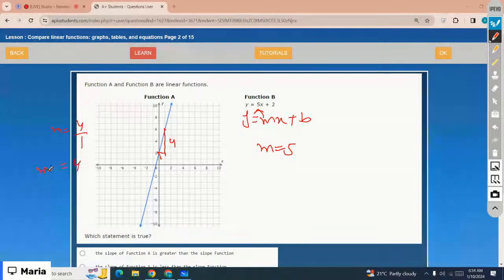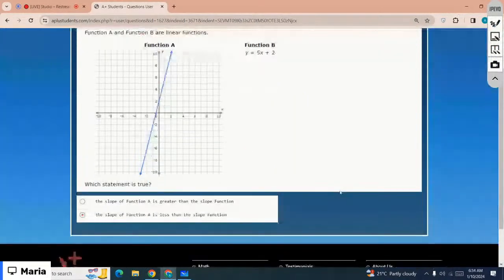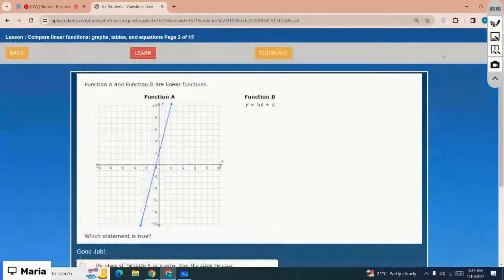So the slope of function A is 4, right? So here you have slope 4, here you have slope 5. So the correct option is slope of function A is less than slope of function B. Got it?